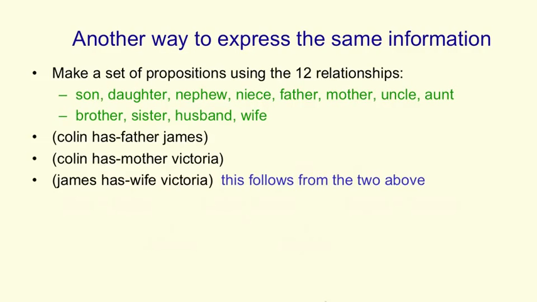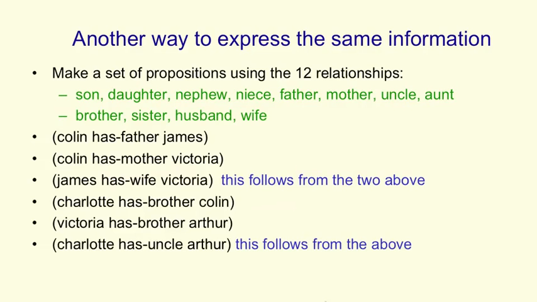And using those relationships, we can write down a set of triples, such as Colin has father James, Colin has mother Victoria, and James has wife Victoria. And in the nice simple families depicted in the diagram, the third proposition follows from the previous two. Similarly, the third proposition in the next set follows from the previous two.